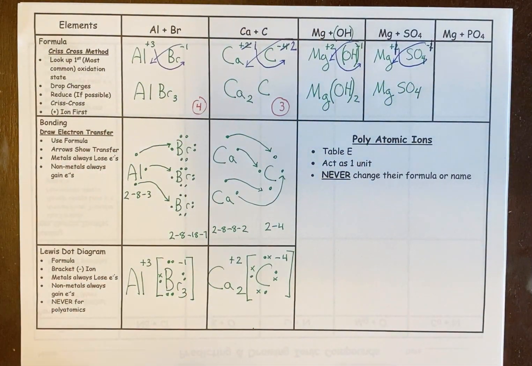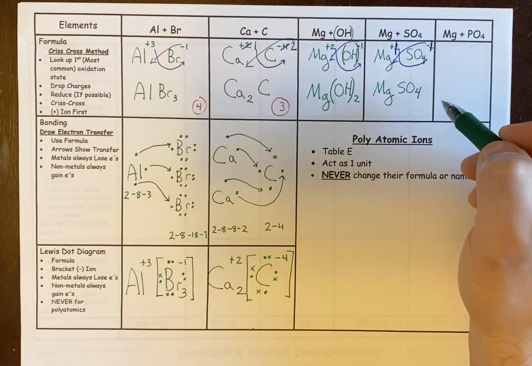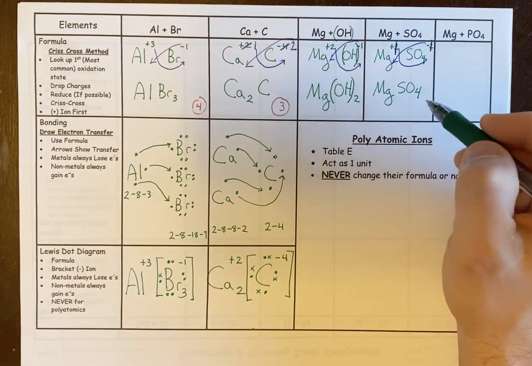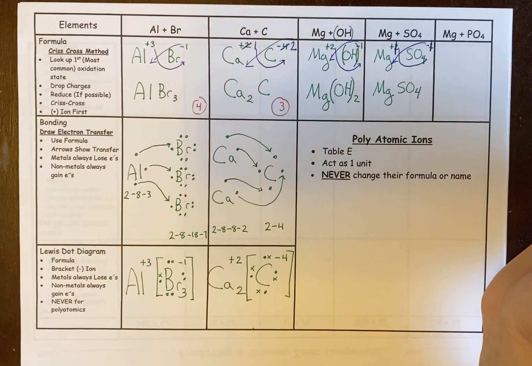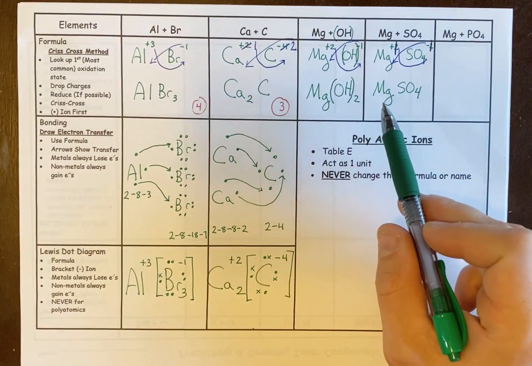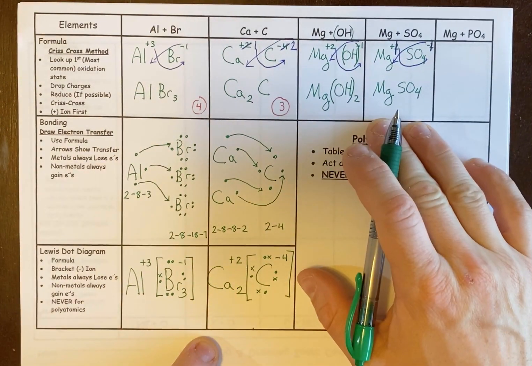No parentheses needed because I only need 1 SO4 and I have 1 SO4 there. You could put parentheses around the SO4 if you wanted to, it's fine, but you'll never see it written that way. If you don't need parentheses, you almost always don't include them, unless you're trying to visually make something stand out. So MgSO4, there it is.